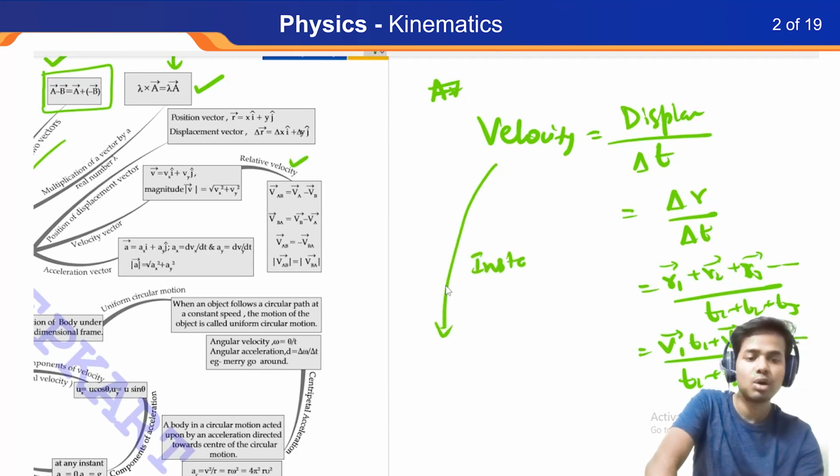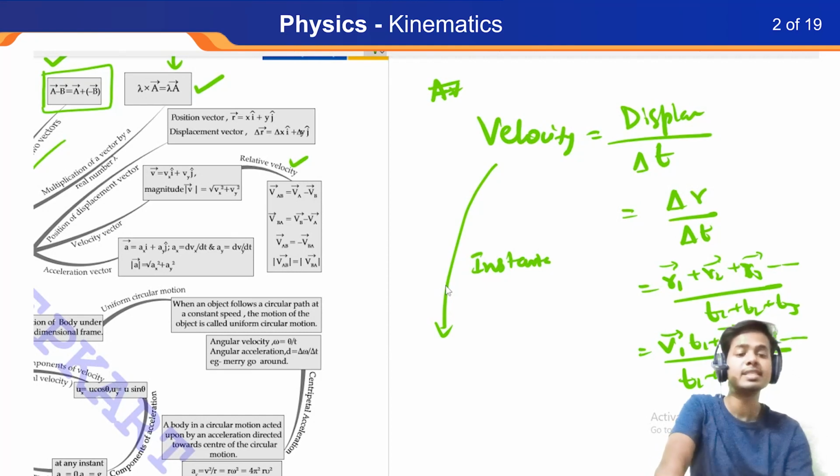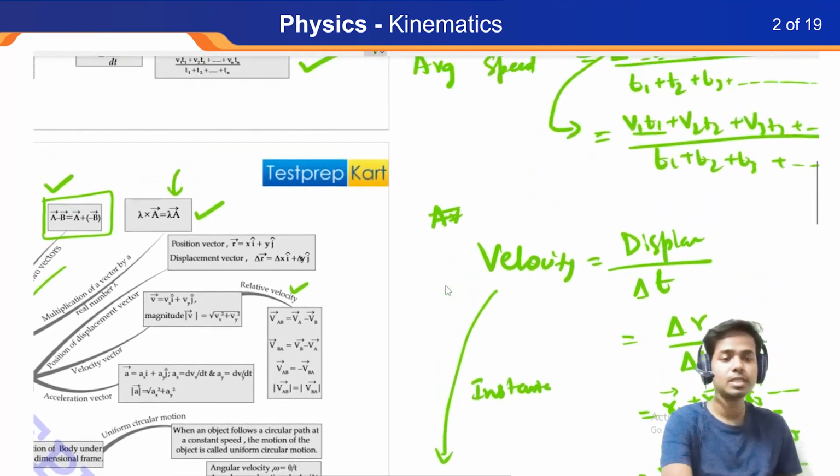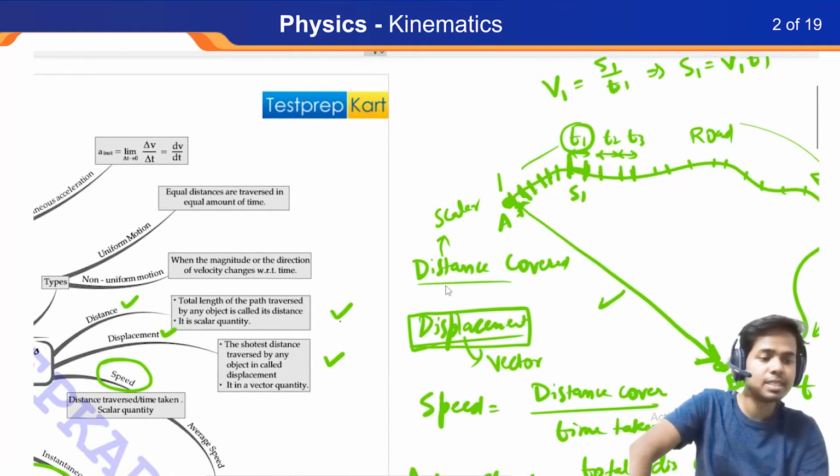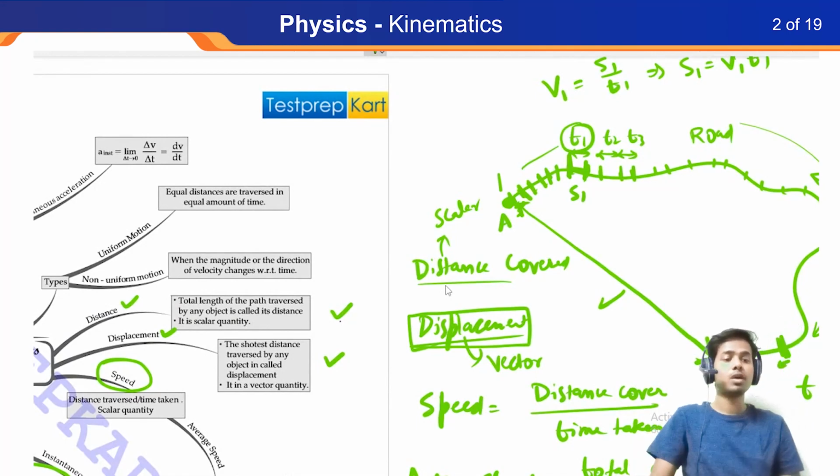We can also find instantaneous velocity. What is instantaneous velocity, to be precise? Instantaneous velocity means, let's say the body is here and moving in this direction. At this instant, or a very small fraction of time, what is the velocity this object has?